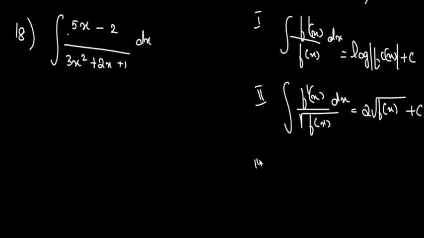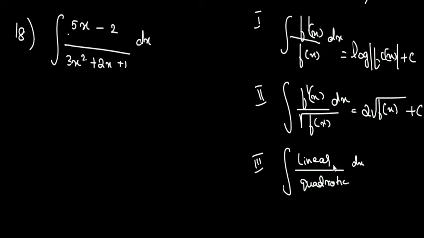Now the third type is when you don't have the differentiation, but you have a linear polynomial in the numerator and a quadratic in the denominator. When you differentiate a quadratic, whenever you differentiate 3x square plus 5x, it will be a linear function.